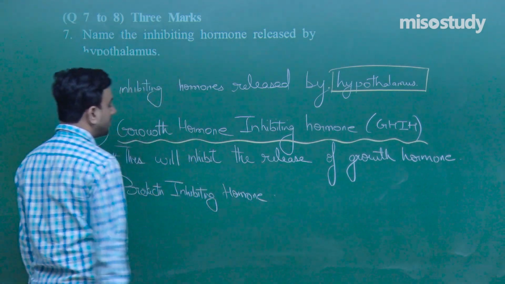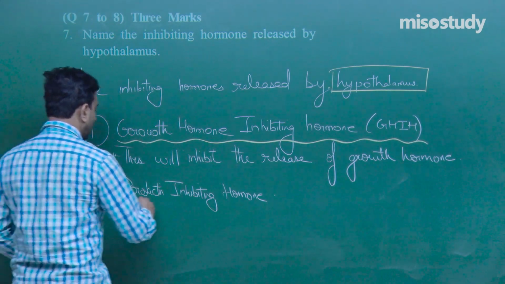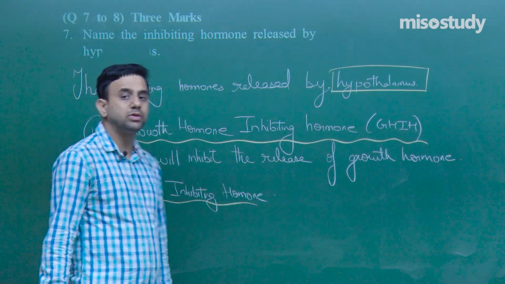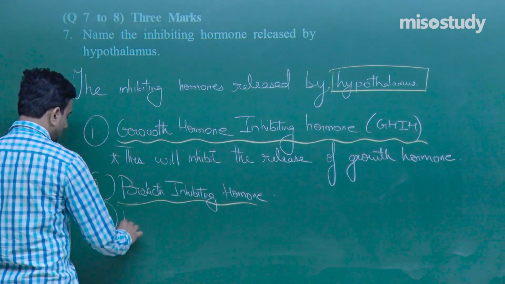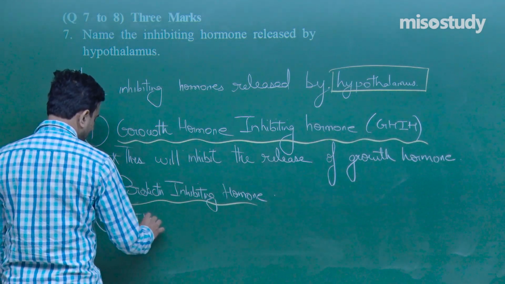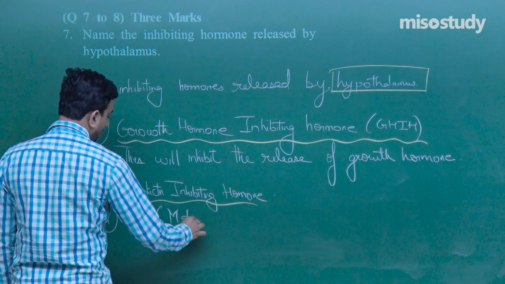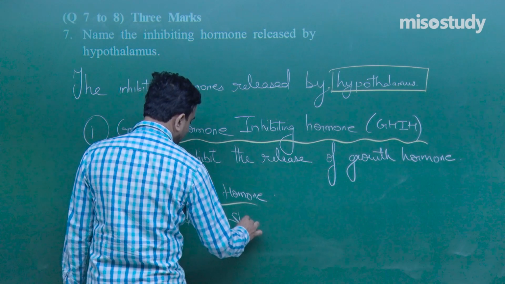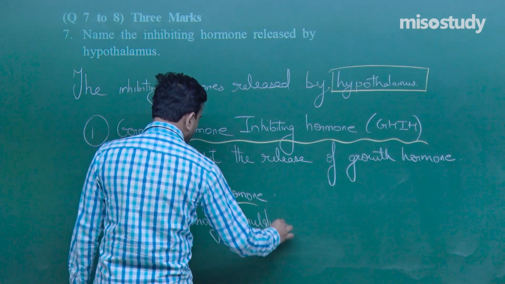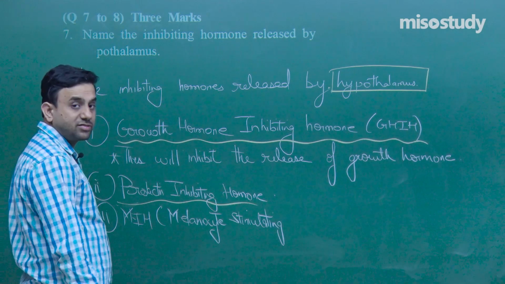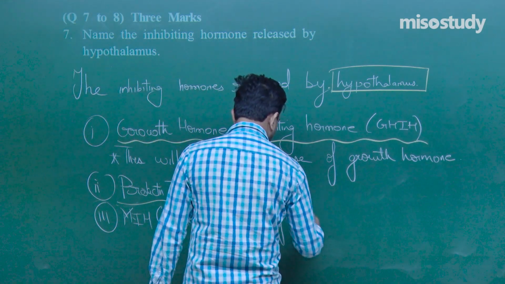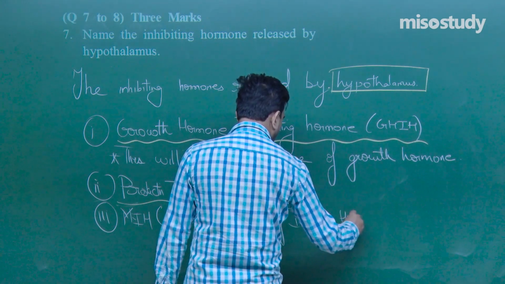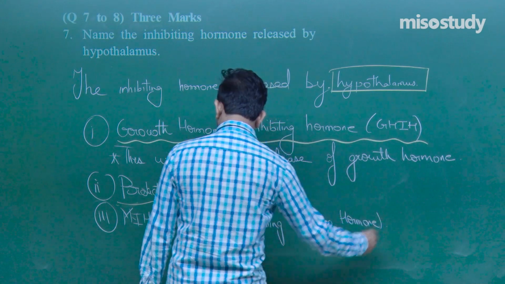This will inhibit the release of prolactin. And finally, we have the melanocyte stimulating inhibiting hormone, MIH.